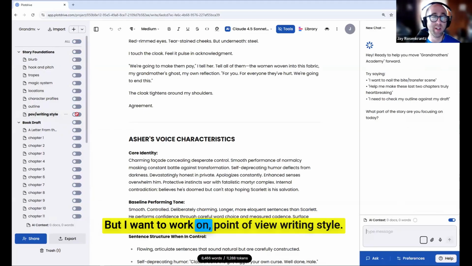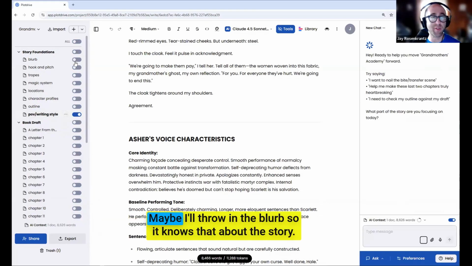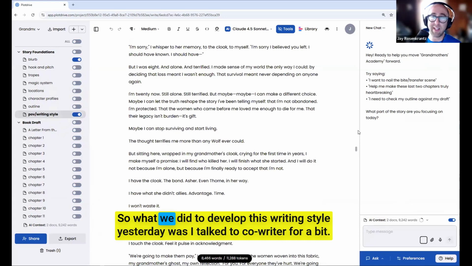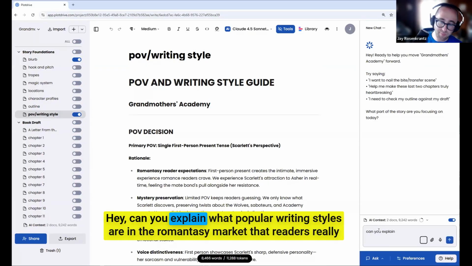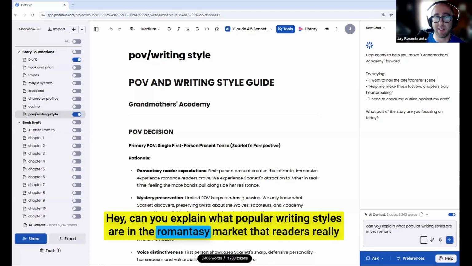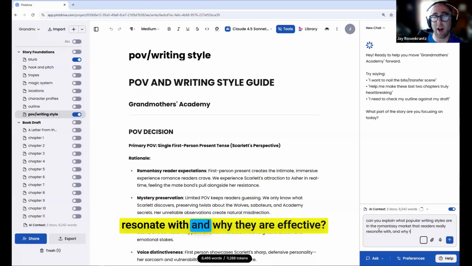But I want to work on point of view and writing style. Maybe I'll throw in the blurb so it knows that about the story. So what we did to develop this writing style yesterday was I talked to co-writer for a bit. Hey, can you explain what popular writing styles are in the romantasy market that readers really resonate with and why they are effective?